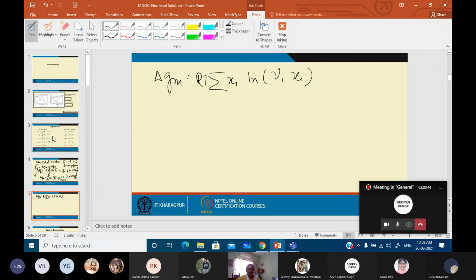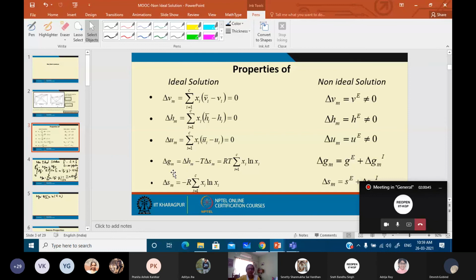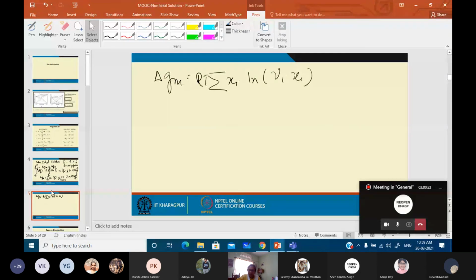What was delta Gm for an ideal mixture? It is just this part. You agree? So therefore, delta Gm for an ideal mixture is simply RT sigma Xi ln Xi. Yes or no?